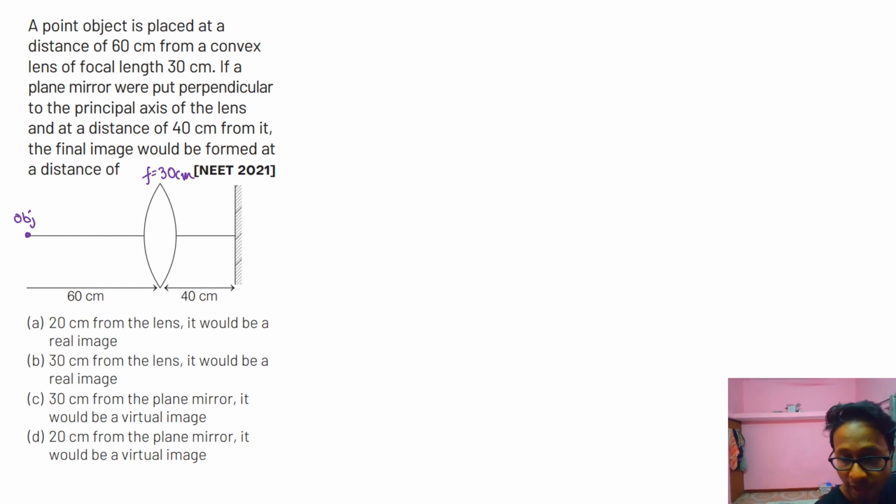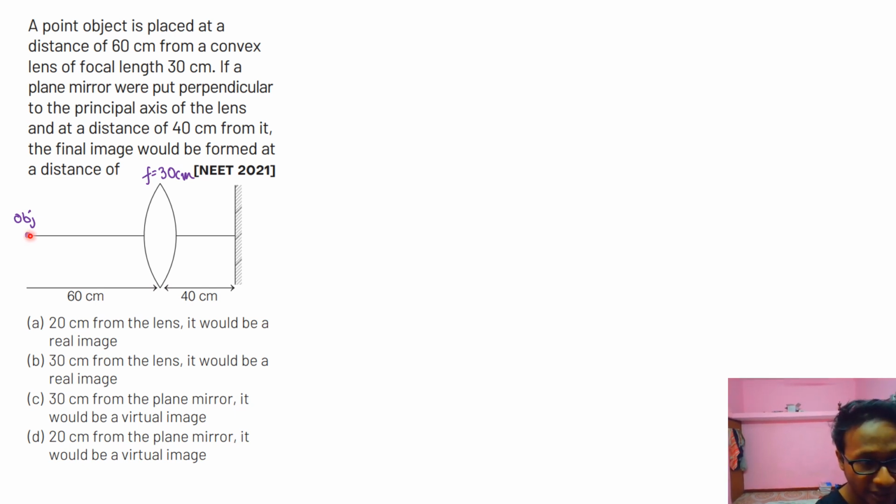Whenever a combination of lenses or optical devices is there, lens and mirror, or two mirrors, or two lenses, the main concept is that the image from the first device will act as an object for the second device. So how many times are there reflection or refraction? To find that, we have to follow the incident ray.